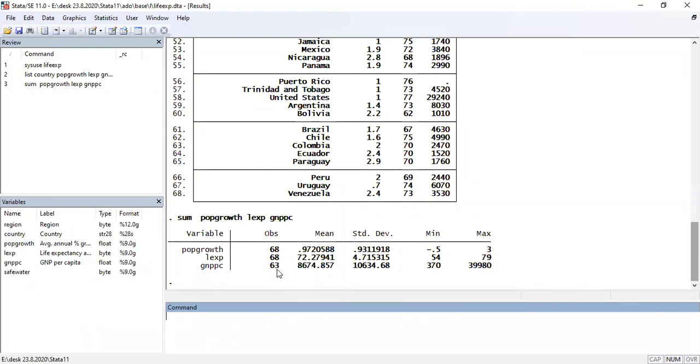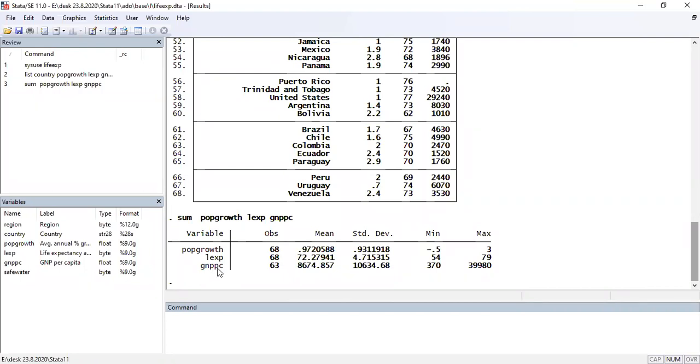Mean. What is the mean of population growth? It's just a sample mean, X bar. Population growth for the mean of all 68 countries. Mean population growth is 0.972. Life expectancy for all 68 countries, life expectancy at birth is 72.27 years.